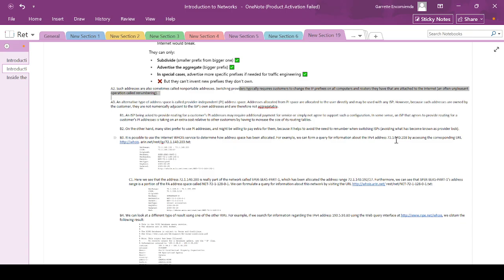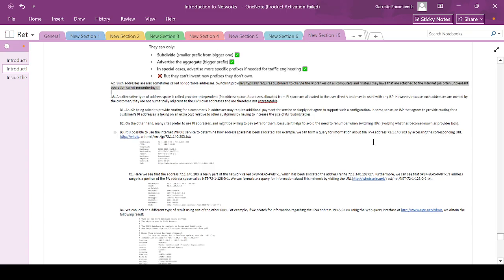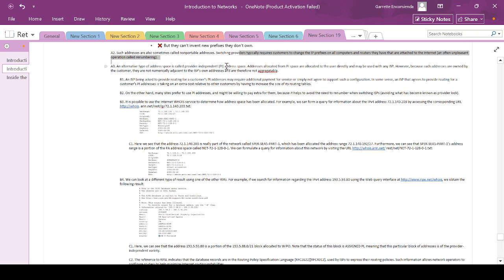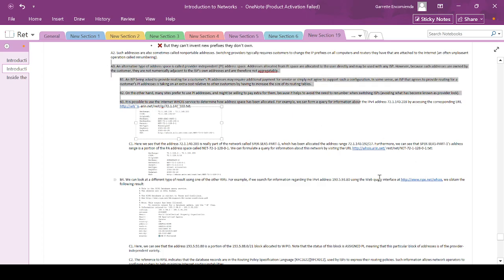An alternative type of address space is called provider independent, or PI, address space. Addresses allocated from PI space are allocated to the user directly and may be used with any ISP. However, because such addresses are owned by the customer, they're not numerically adjacent to the ISP's own addresses.